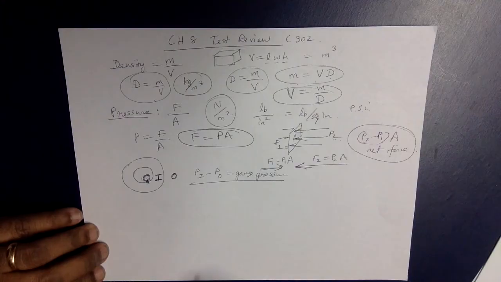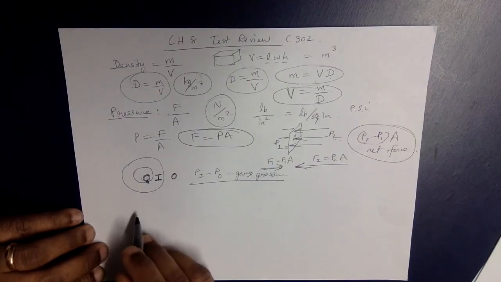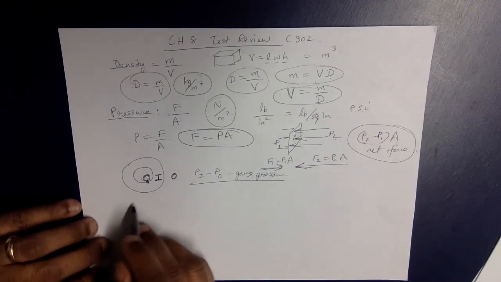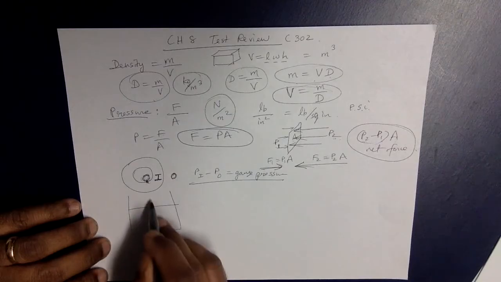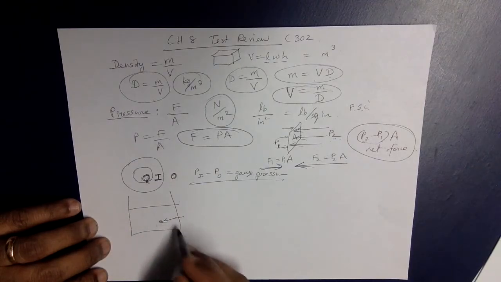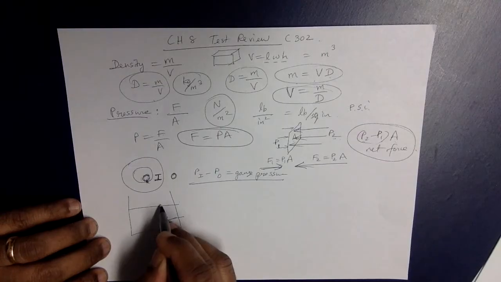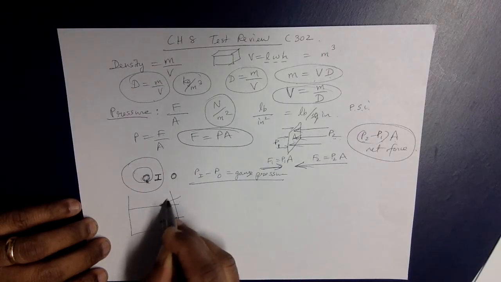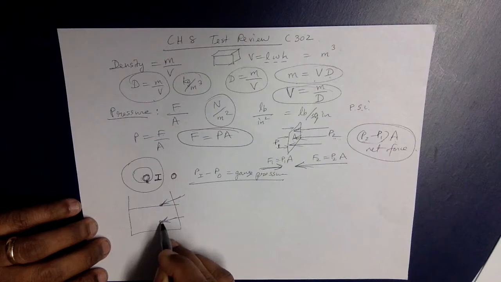Then we went on to pressure in liquids. If you go deeper into a liquid, the pressure down here is going to be greater than the pressure from here. This is the pressure on the top, this is the pressure down here.